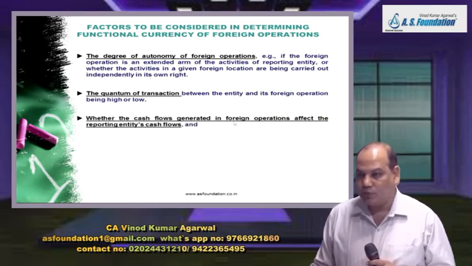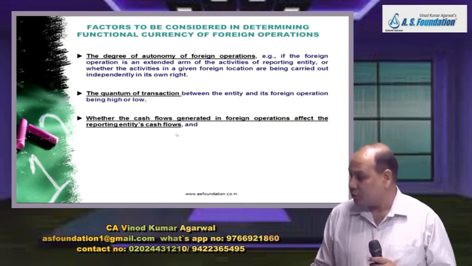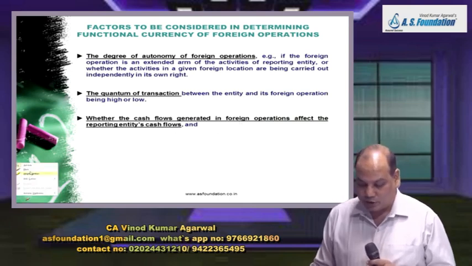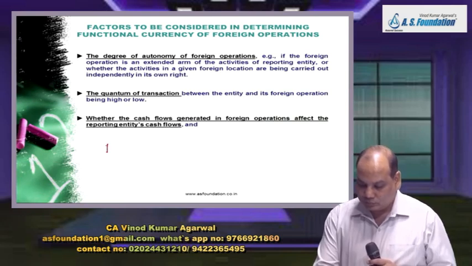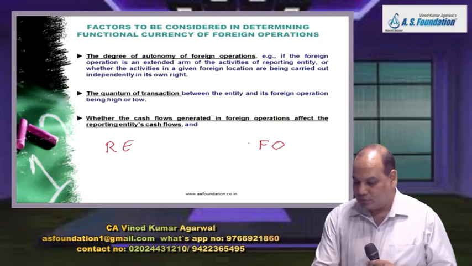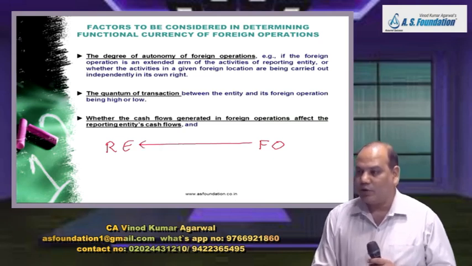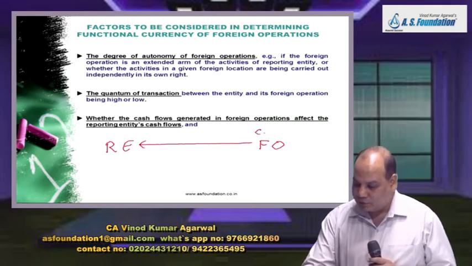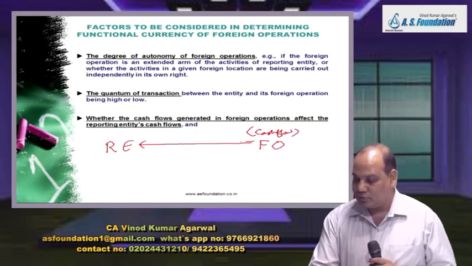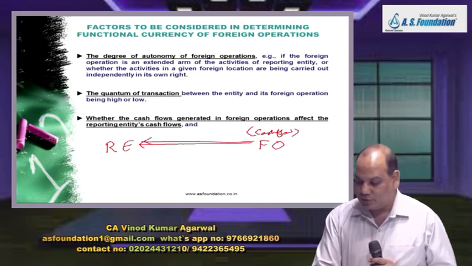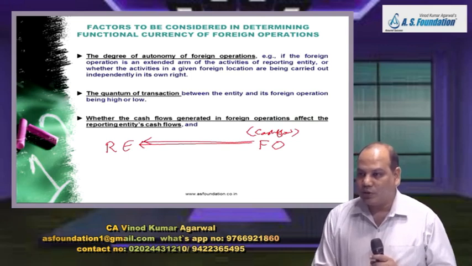Third is whether the cash flow generated in foreign operation affects the reporting entity's cash flows. Reporting entity, foreign operation. So the reporting entity has instructed the foreign operation that whatever cash flow you generate, don't keep it with you. On a periodic basis, you remit the cash flow to the reporting entity. What is the relationship between the two entities here?